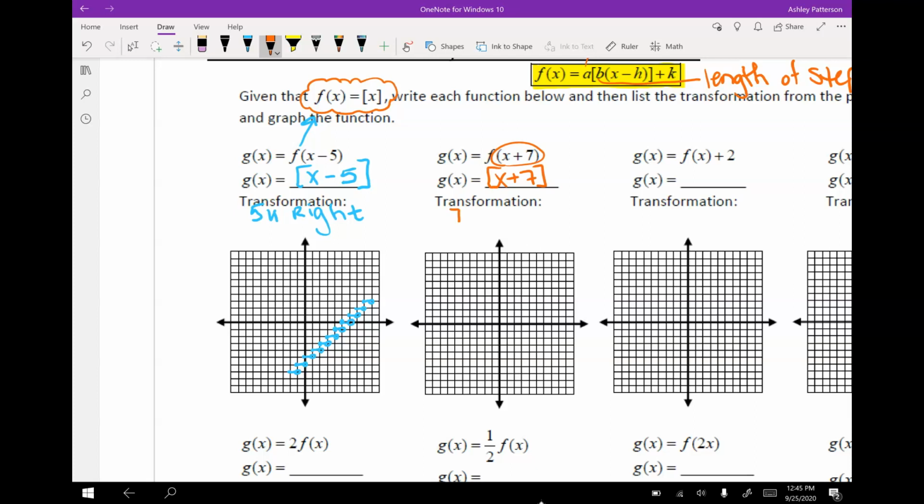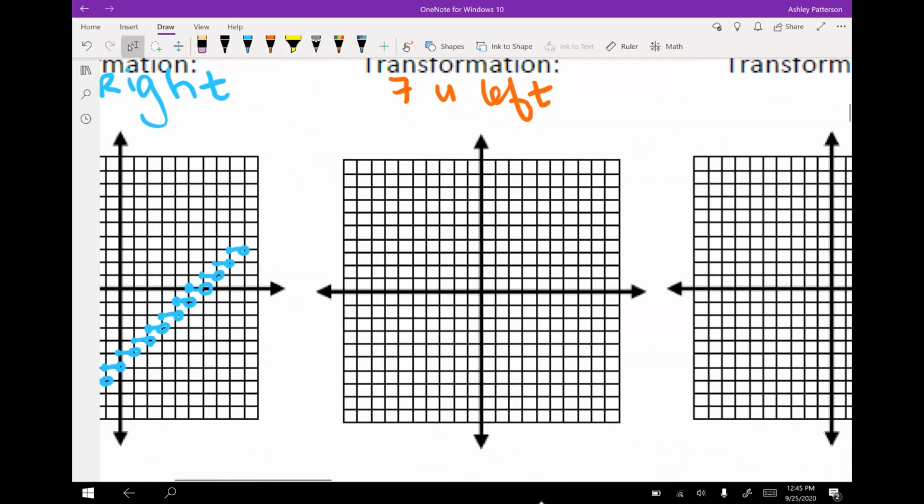So that means I'm going to go 7 units left. Okay, here we go. I'm going to go 1, 2, 3, 4, 5, 6, 7, closed circle. I don't have any reflections, so I'm still extending to the right. A is 1, B is 1. So my step is 1 unit in length, and the distance between the steps is 1 as well.